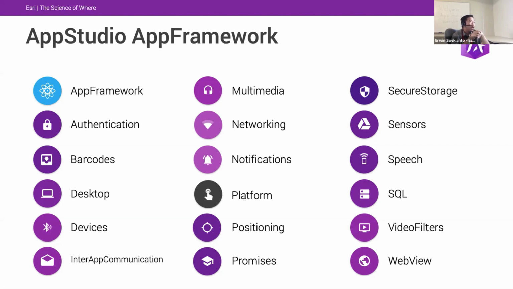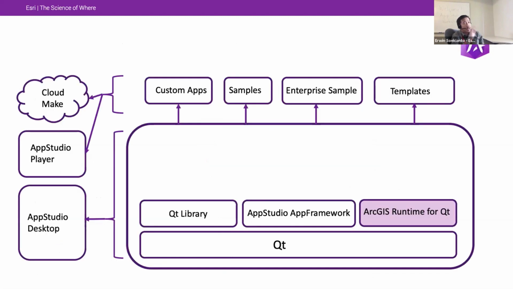And then there's Bluetooth connectivity and networking, and we're going to talk in more detail on this next week, but I just wanted to touch base on what we have. And the last piece that we have is the ArcGIS Runtime. So now it completes.